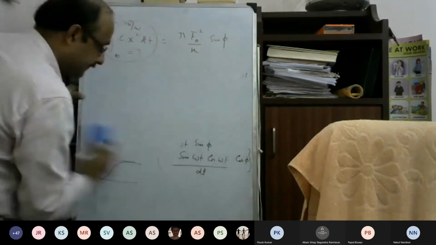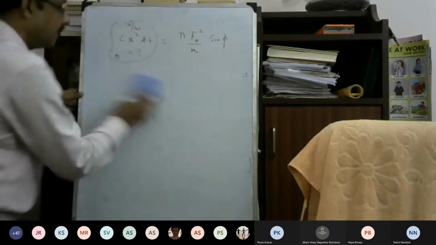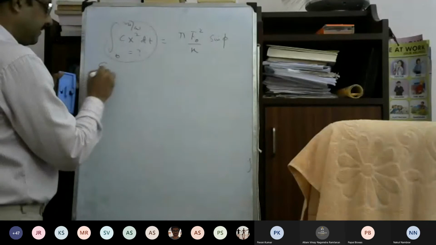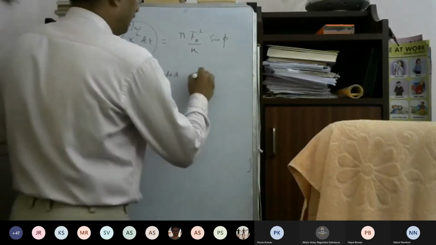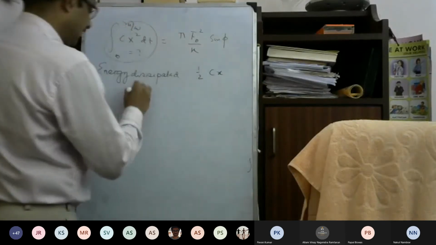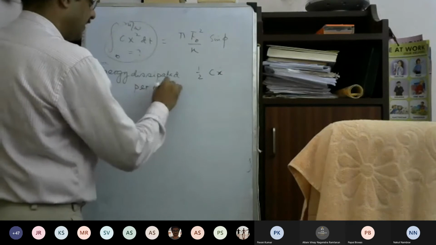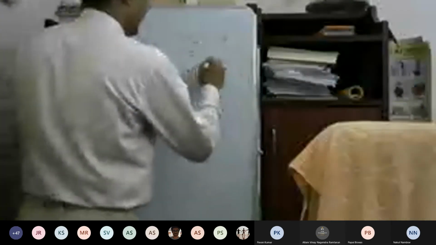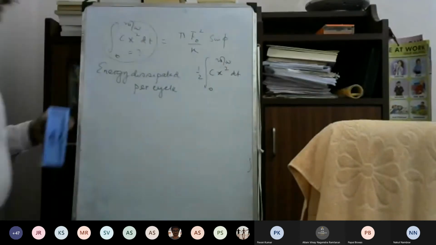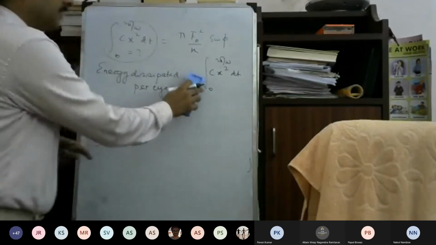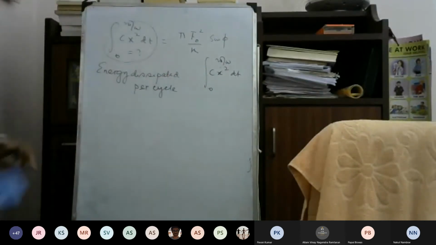You see the energy dissipated per cycle is equal to the integral of c x dot square dt from 0 to 2 pi by omega, and that has to be supplied.